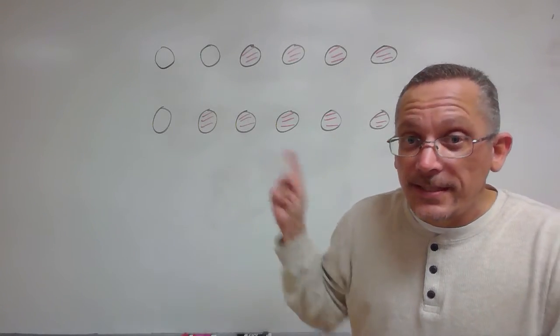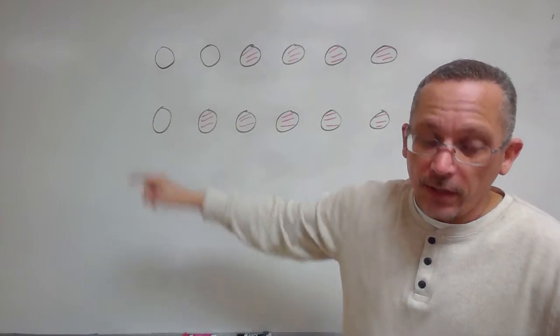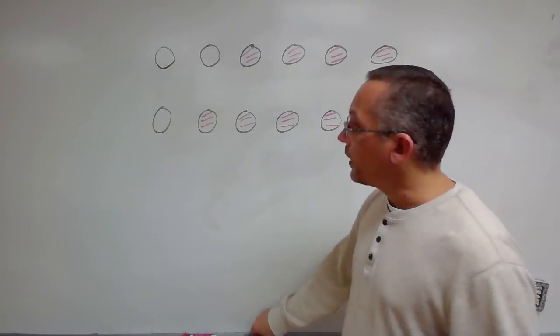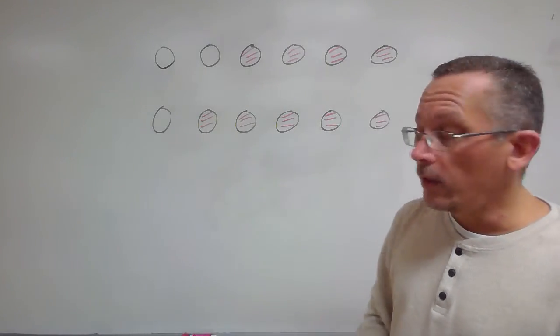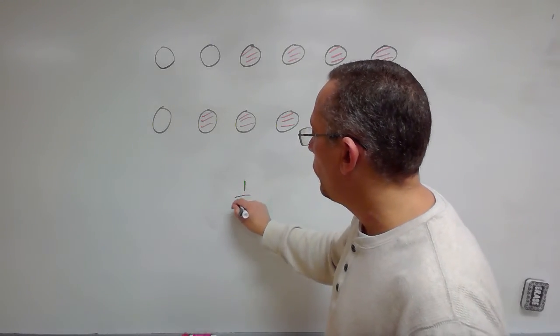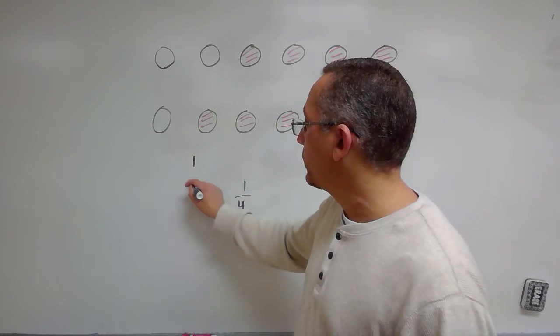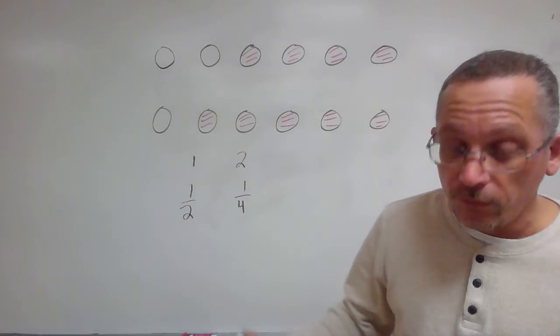So before I had 6 left, half of those have now decayed. I have 3 left. So what fraction of the original amount remains? Originally I had 12. I now have 3 left. 3 out of 12 is 1/4. So after one half-life, I had half left. After 2 half-lives, I have 1/4 left.